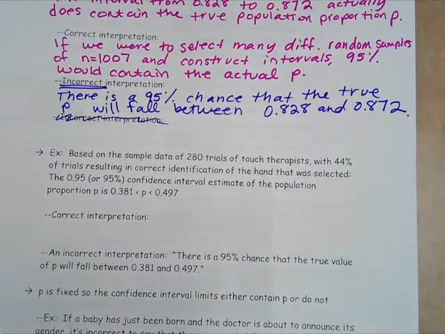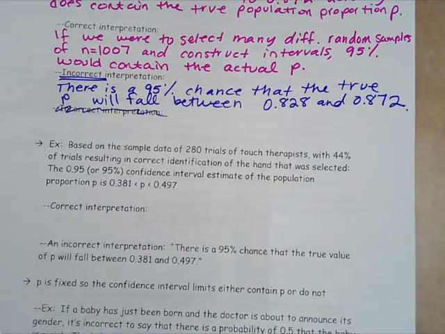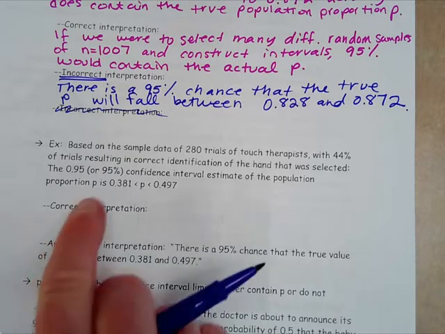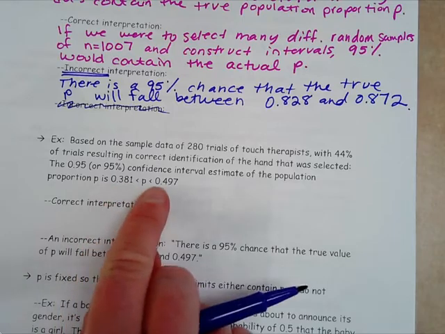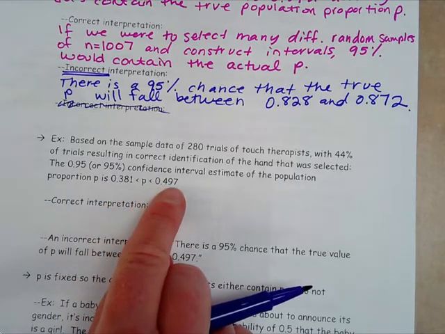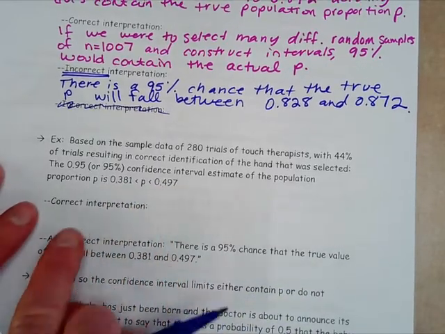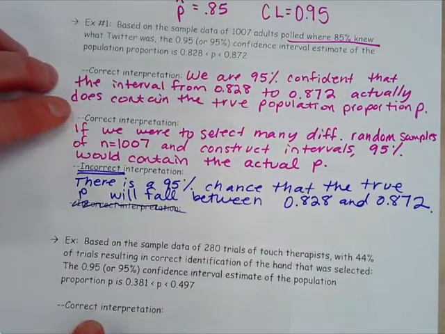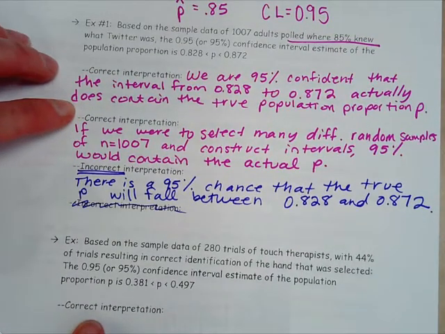So let's interpret this next example. Based on the sample data, 280 trials of touch therapists, with 44% of the trials resulting in correct identification of the hand that was selected, the 95% confidence interval estimate of the population proportion is 0.381 to 0.497. So the correct interpretation, the way that you can do it, is use this and rewrite it.